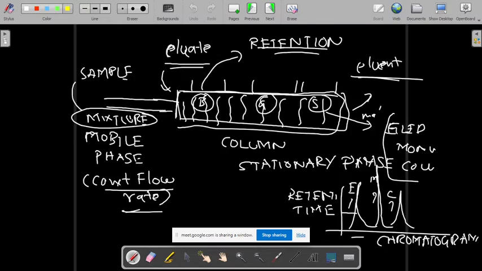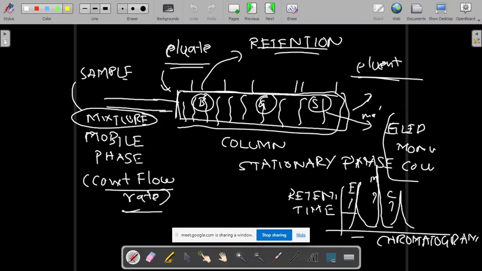Inside the stationary phase, the mixture interacts according to the nature of the substance, and the sample gets adsorbed to different levels across the stationary medium.